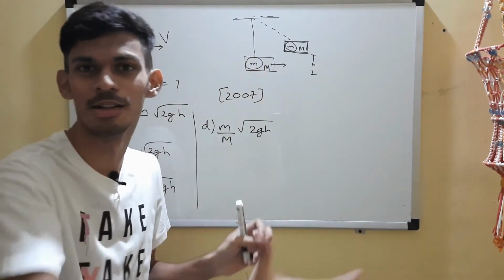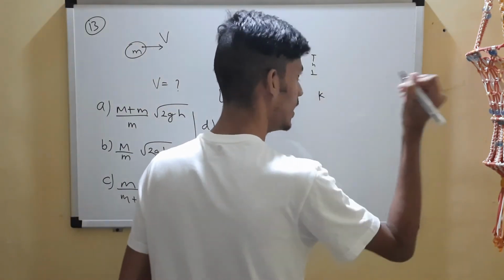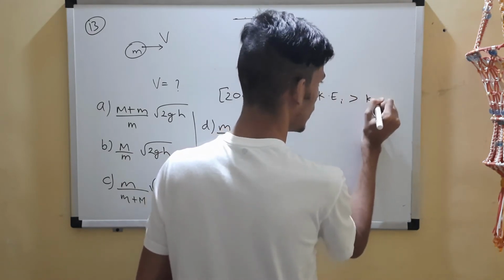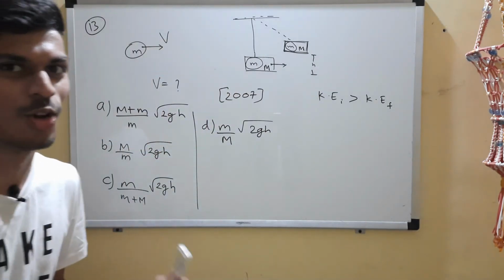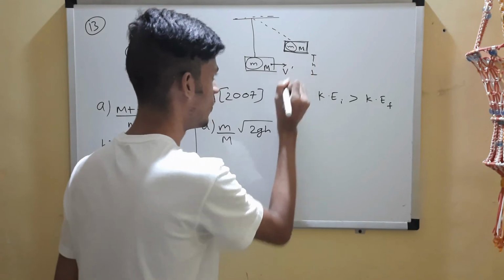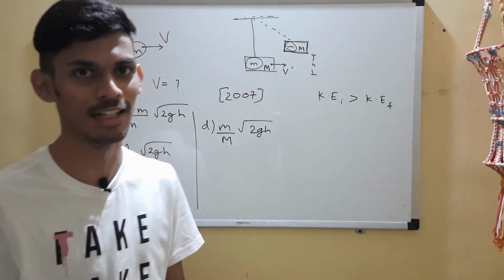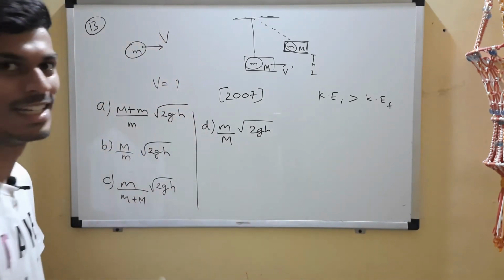In an inelastic collision, kinetic energy initial is greater than kinetic energy final. There is some loss of energy, so this velocity won't be v, it will be some different velocity, v dash. There is some loss in kinetic energy, the speed of the system decreases.